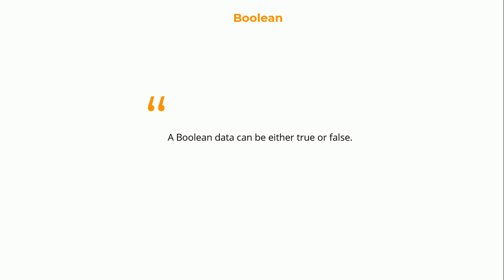The bag is big, and I say, "Yes, it is." I'm saying it is true. She is dark, and I say, "No, she is not." I am feeding false as my input. So that is the Boolean response. So a Boolean type of data is either true or false.